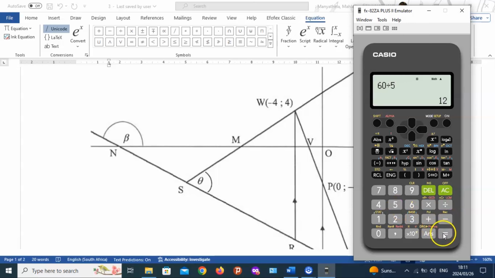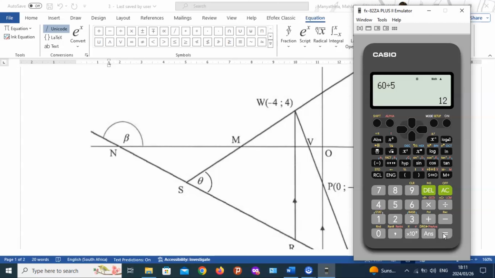Rather, it will be 5y = -2x - 60, because 60 and 2x were positive; when they cross the equal sign, they change. So the equation in the form y = mx + c will be y = -2/5 x - 12.